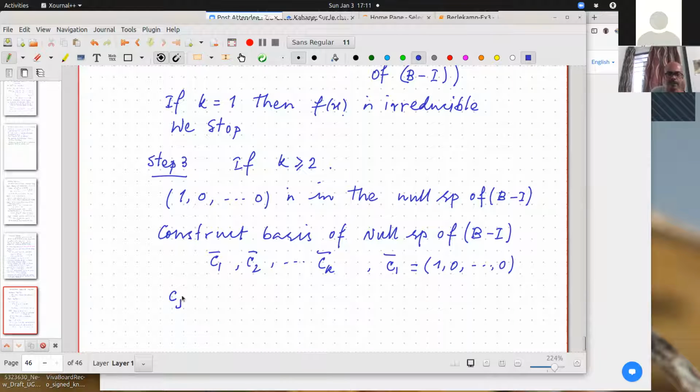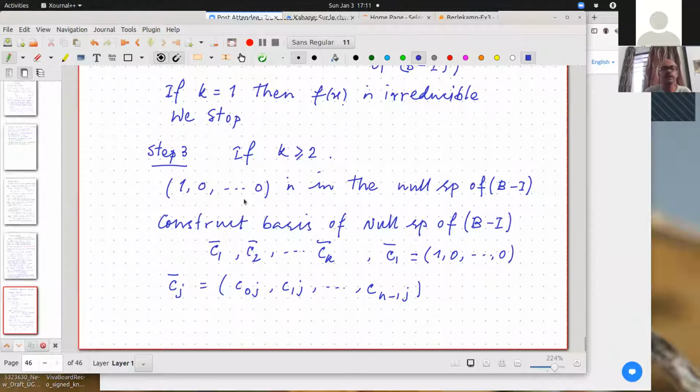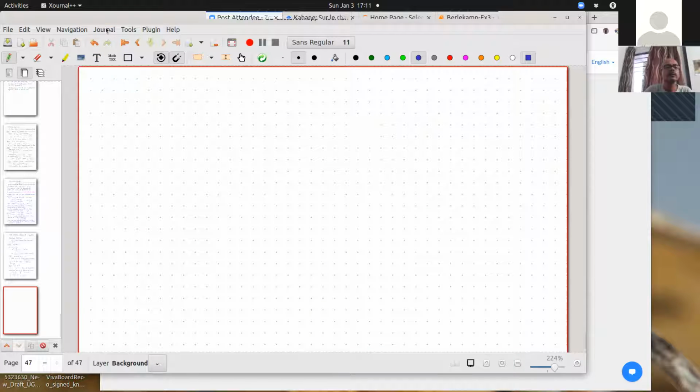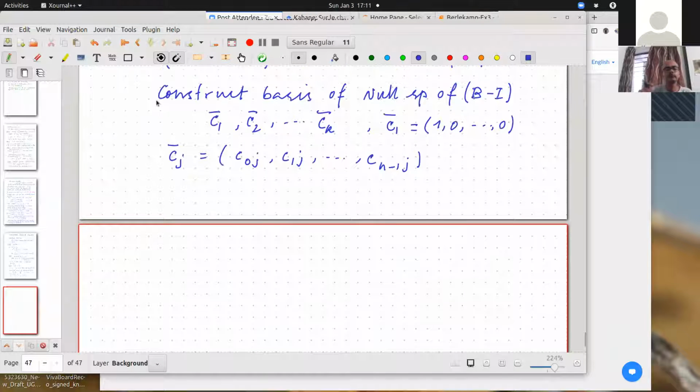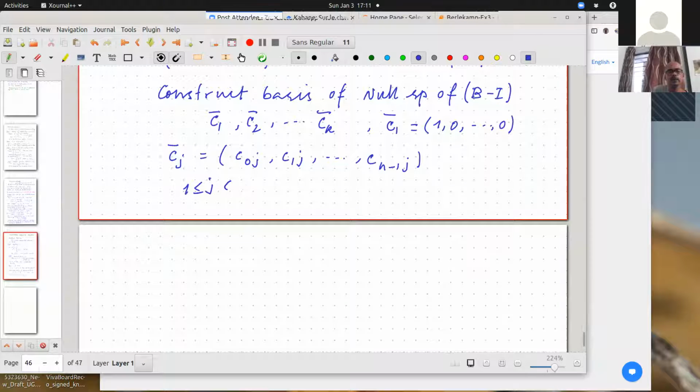Suppose this cj bar is an n-length vector, and let's write it as c_0j, c_1j, up to c_(n-1)j, for 1 less than or equal to j less than or equal to k.